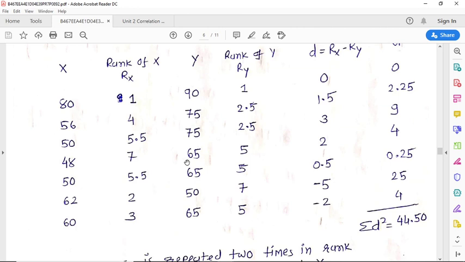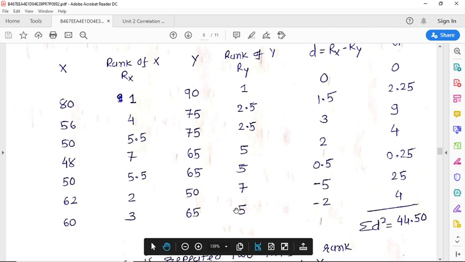So assign each of them a 5. Okay, so 65 repeated 3 times, so we consider 5th rank, that is also 5th rank, and that is also 5th rank. So 1, 2, 3, 4, 5, 6, and the last value is 50, so assign them a 7. Okay, so that is the data we have.